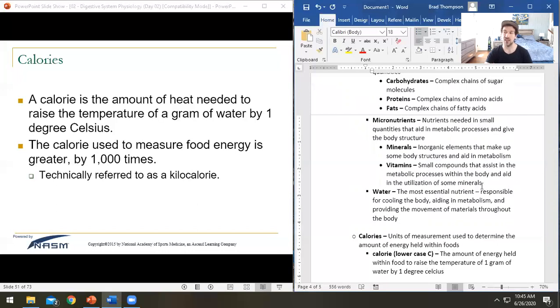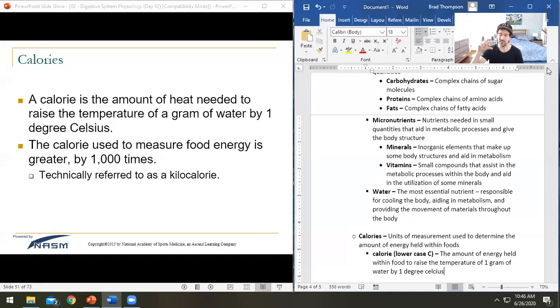So what's cool is the way calories work: let's say I have a cup of water, and I took a hamburger and put it underneath that cup of water and lit that hamburger on fire. That water is going to start to heat up and eventually maybe even boil, depending on how hot it gets. But I'm going to have a thermometer inside that water.